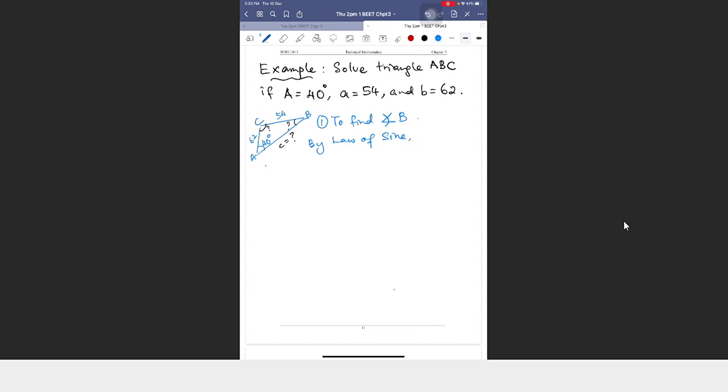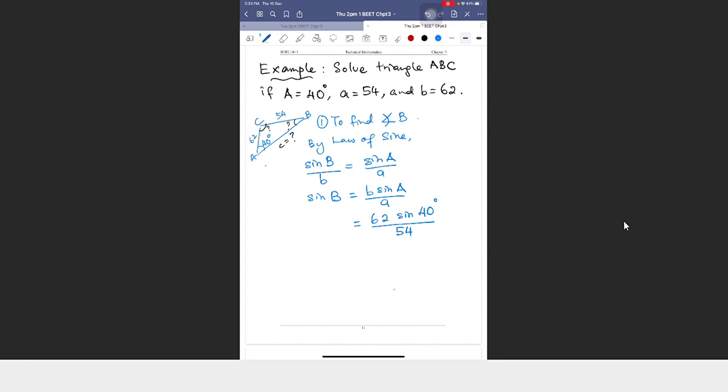You can establish the law like this: sine B over b equals sine A over a. So sine B is b sine A over a. Substituting the values, 62 times sine 40 degrees over 54.